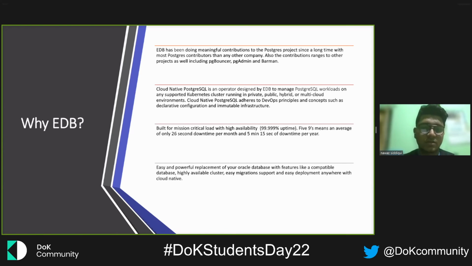It makes sure that the system is resilient, and at the same time it is made for mission critical load with high availability. The average downtime per month is only about 26 seconds. On a yearly basis, the average downtime is near 5 minutes, 15 seconds only. So you'll get high availability.